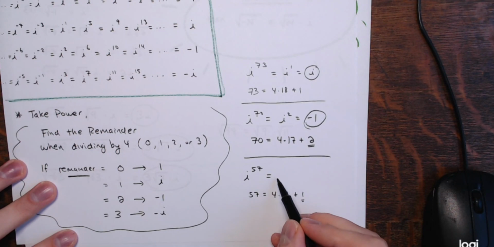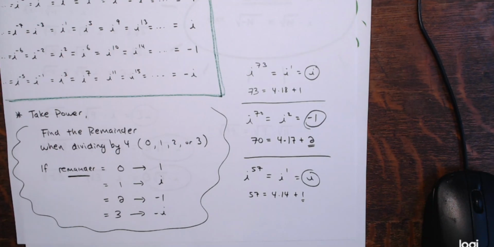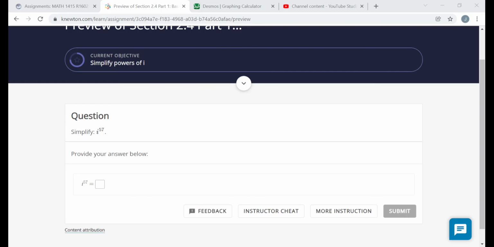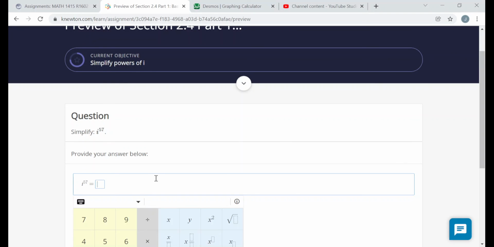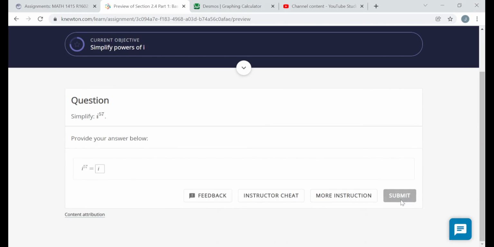I to the 57th would be equal to I to the 1st, which is just I. When the remainder is 1, the result is I. So just I, not EI. Just I. I to the 57th is I.